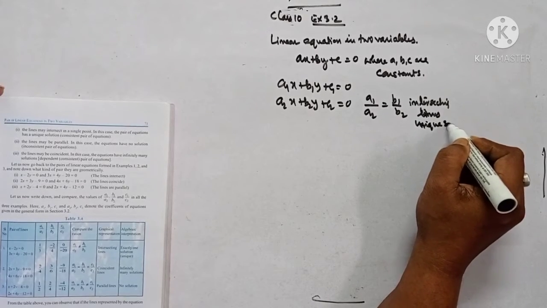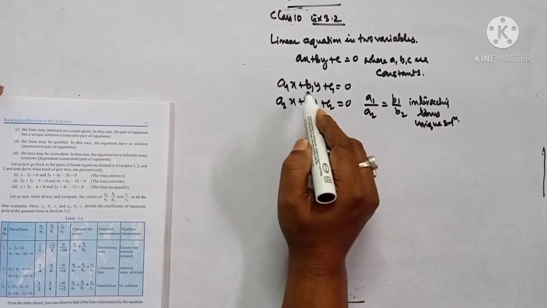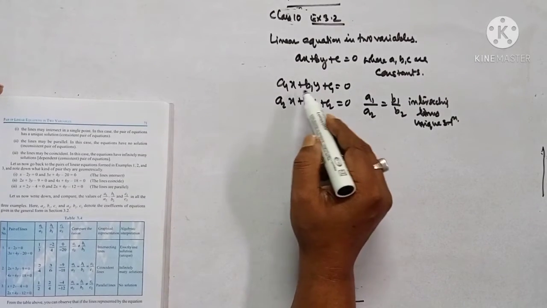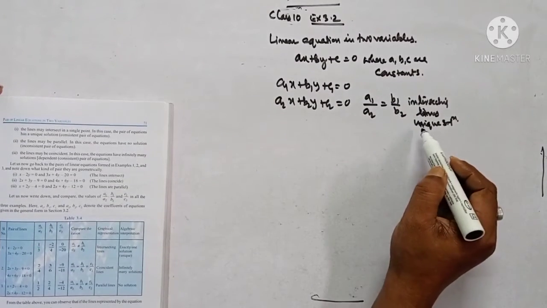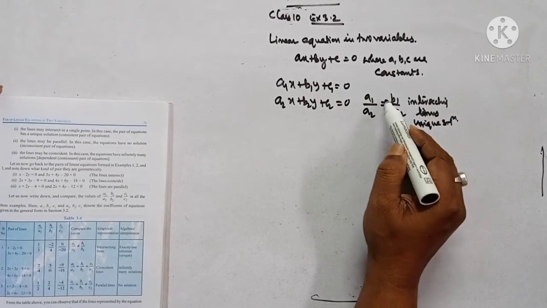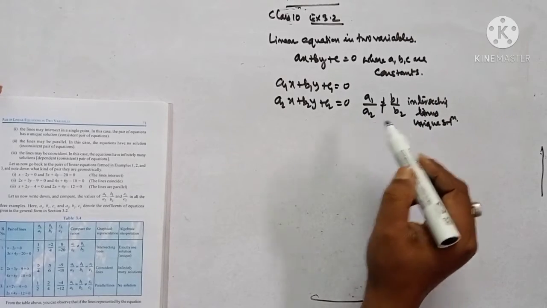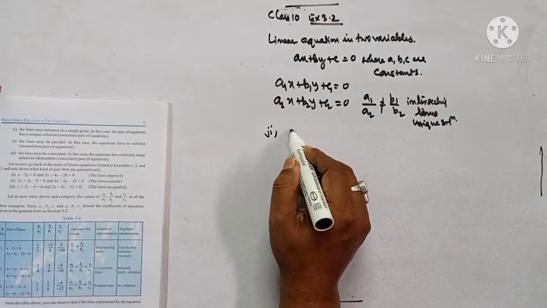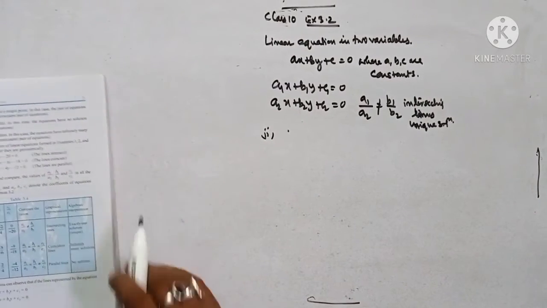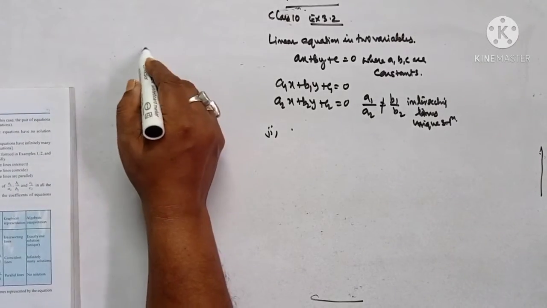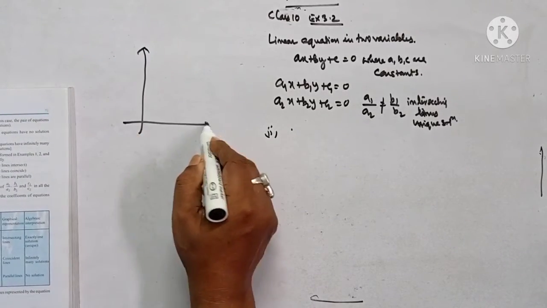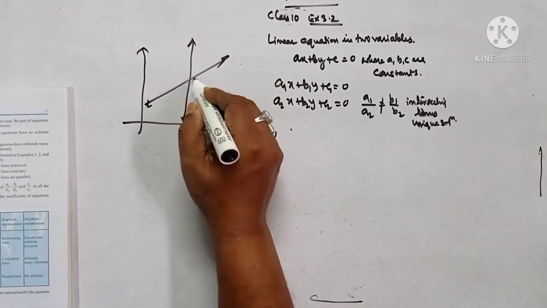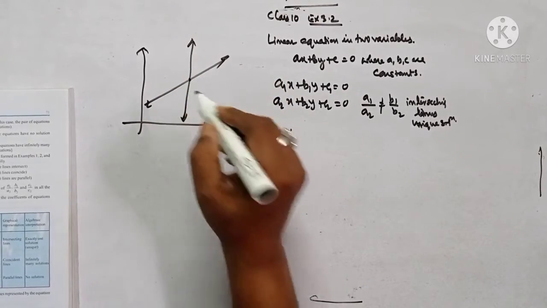That means if you draw the graph of these two linear equations, you will get two straight lines and they will intersect at a point. This is case 1, and this is the intersecting point.